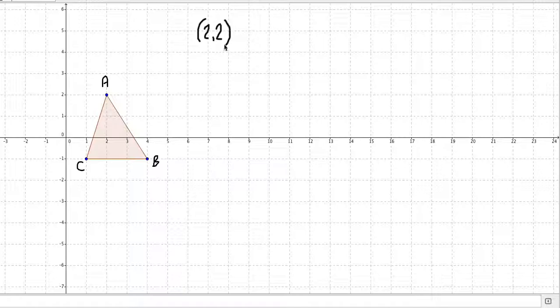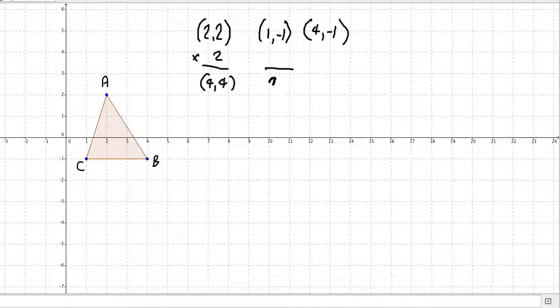So if I multiply this by 2, I'll end up with coordinates (4, 4). I'll do that with (1, -1) and (4, -1) as well. If I multiply them by 2, this will become (2, -2), and this will become (8, -2).